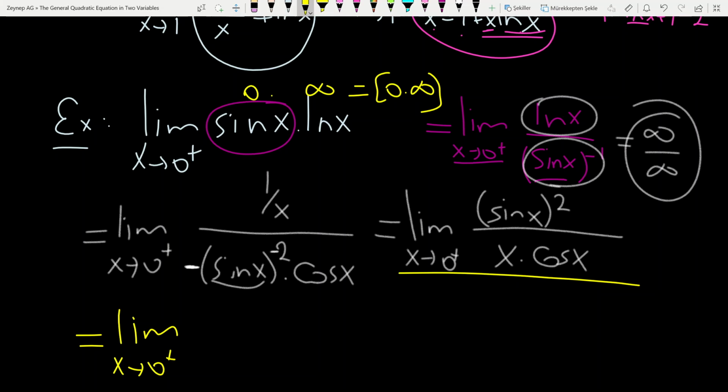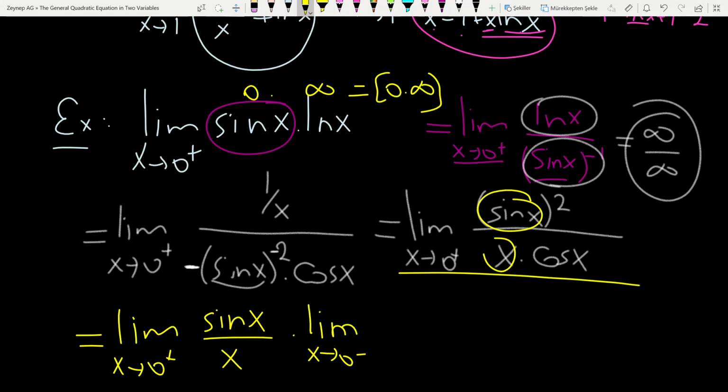Since I see sine x here and x here, I prefer to write this expression as multiplication of two limit functions: sine x over x times the limit as x tends to 0 from right of sine x divided by cosine x.